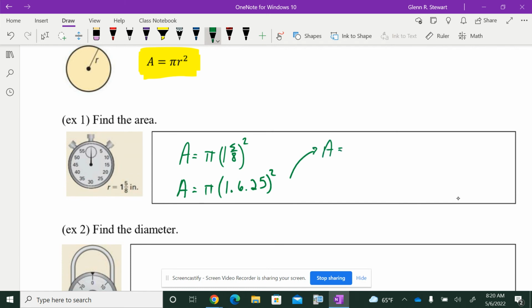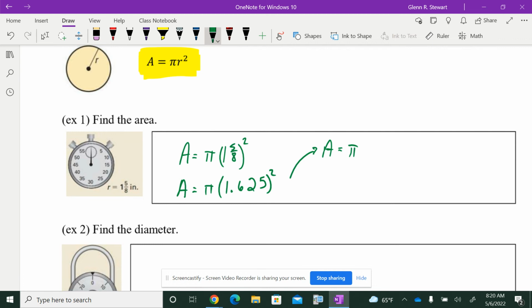Now, I won't lie to you. One of the number one mistakes of students is they multiply pi and the 1.625 together, and then they square it. No. You don't want to do that, okay? You want to square first and then multiply by pi.